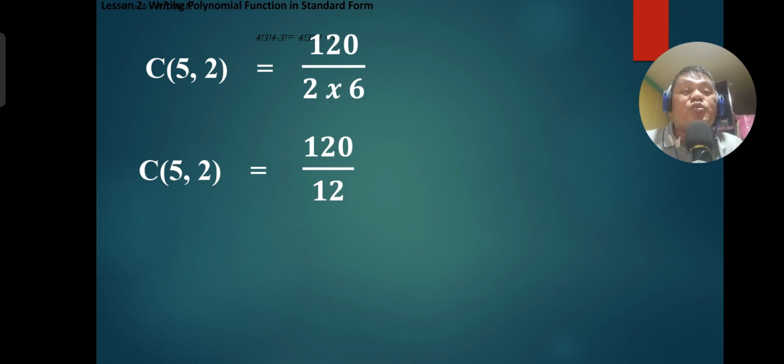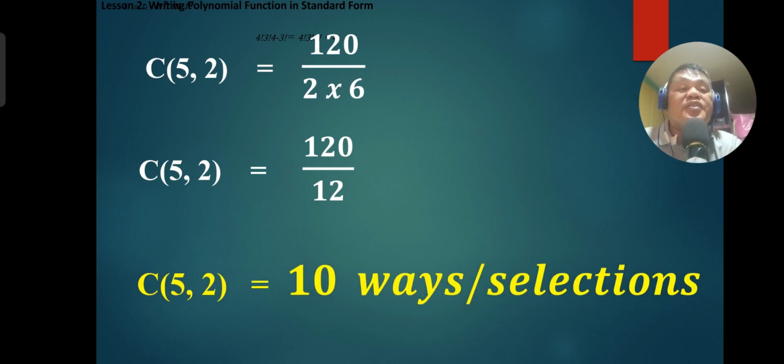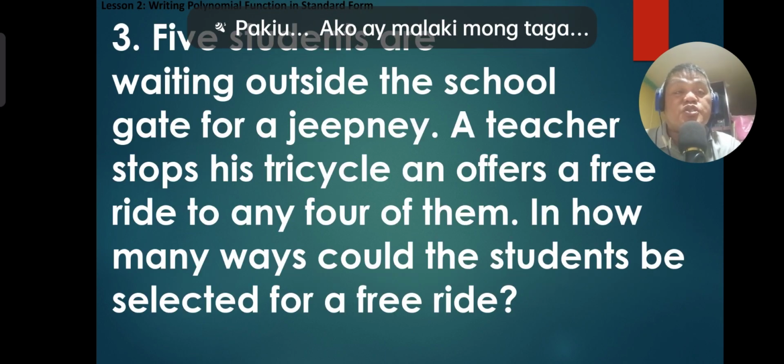And we have now 120 divided by 12 is equal to 10 ways or 10 selections. That is, combination of 5 objects taken 2 at a time is equal to 10 ways or 10 selections.